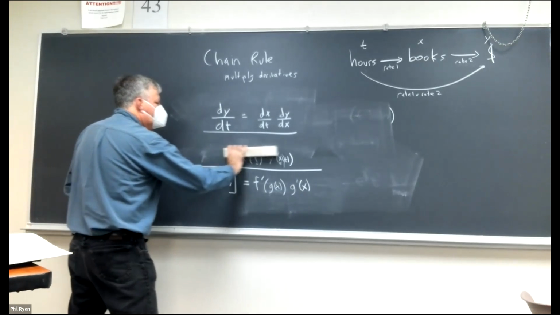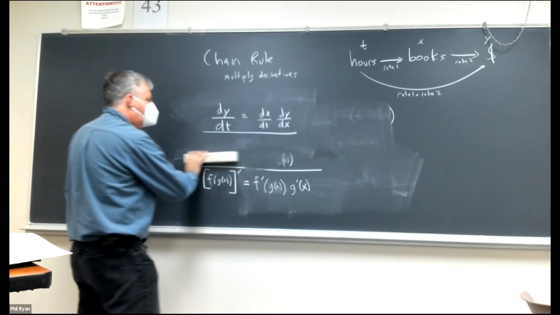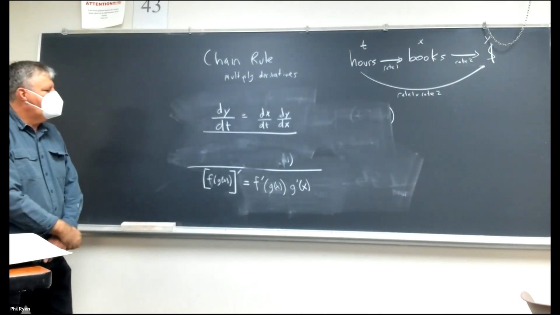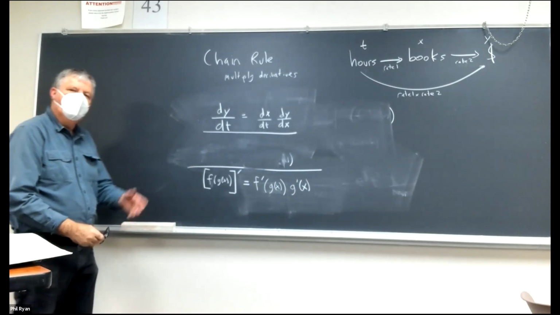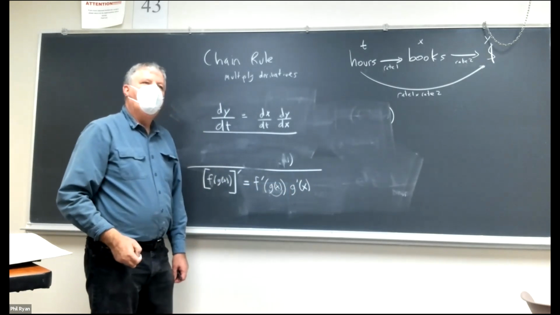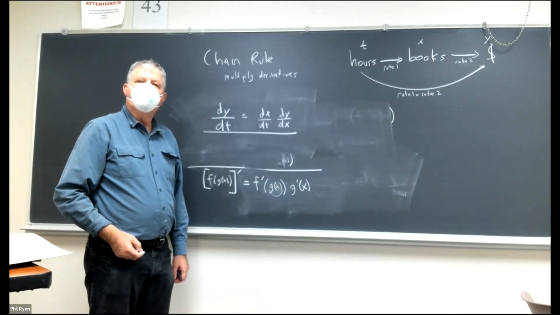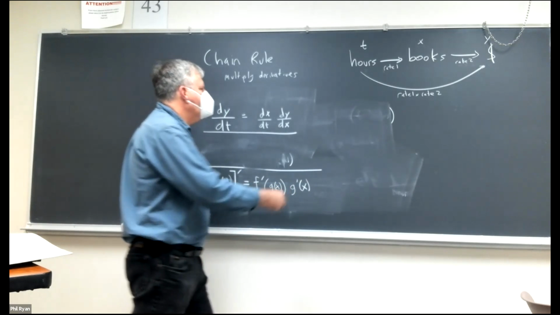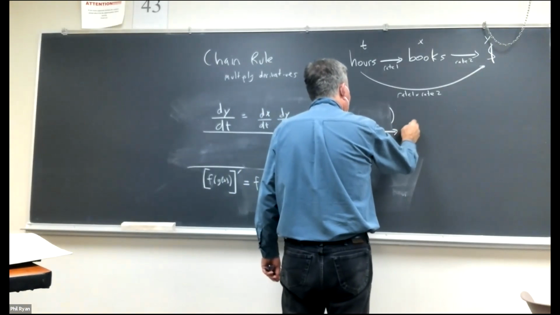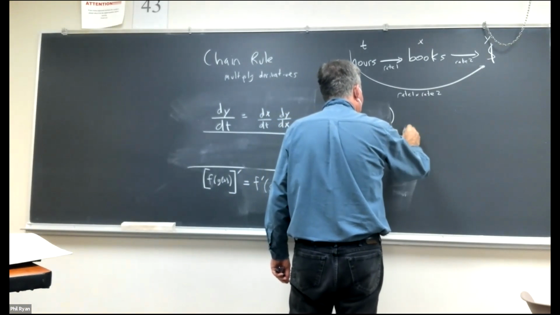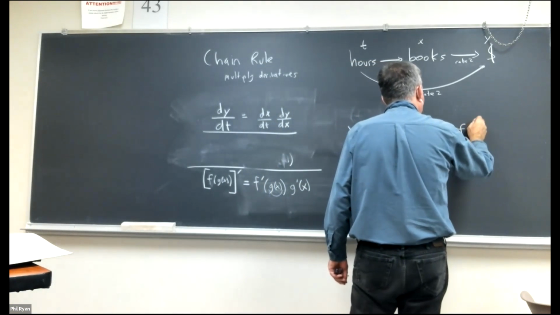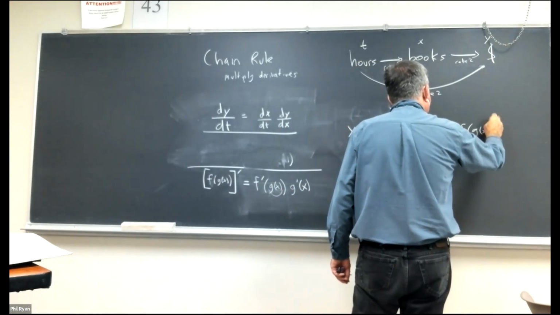So instead of this, I think this is more useful. So these are the two ways that you can think of the chain rule. And this is a thing that always confuses people. Why is that g of x there? And the reason is you have our chain. We go x, we go to g of x, and we go to f of g of x.